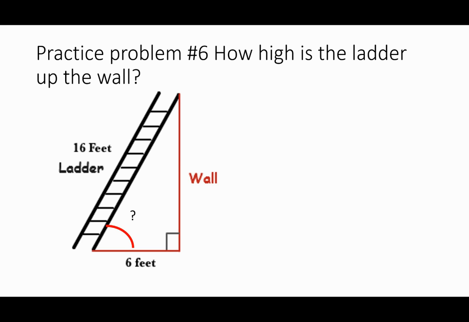But really, when you have three side lengths and we're looking for the third side length, we're actually talking about the Pythagorean theorem. We don't need an angle measurement to find the third side. So 16 and 6, and we have our wall measurement. These are all side lengths, so we can go straight to the Pythagorean theorem.